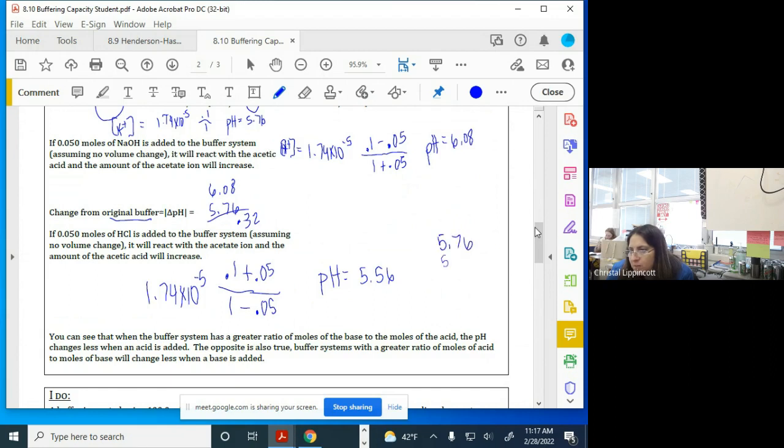It's gone to 5.56. So at this point, it's only changed by 0.20. So that buffer system is able to mitigate sharp changes in pH by being able to absorb those pH changes. So the concentration that the buffer depends on, what molecule is that?